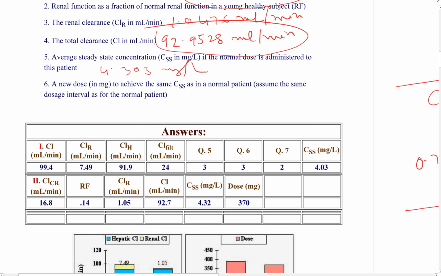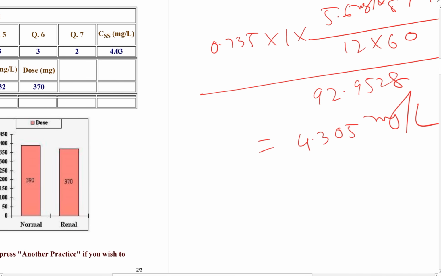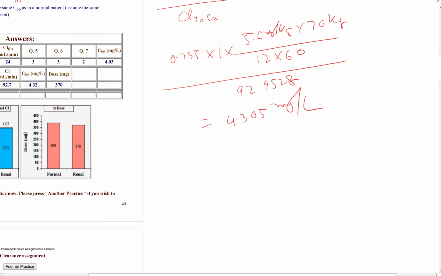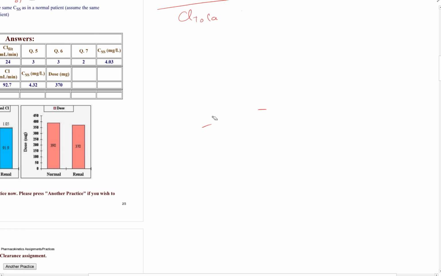Now a new dose in milligram to achieve CSS as in a normal individual. Assume the same dose interval for the patient. So now it is asking for your dosing rate. Use the same equation, just rearrange. You have to calculate the dosing rate first.